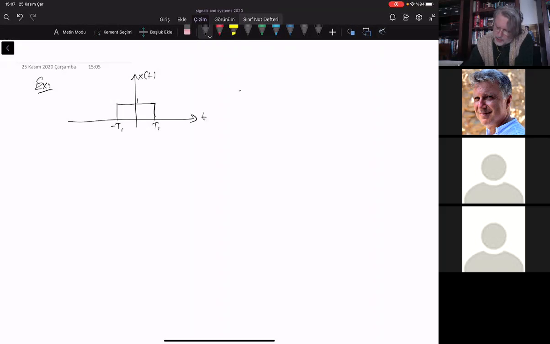We can also write the same thing, just for convenience, analytically. It's 1 for magnitude t less than T1, or less than or equal to, if you wish, and 0 else.